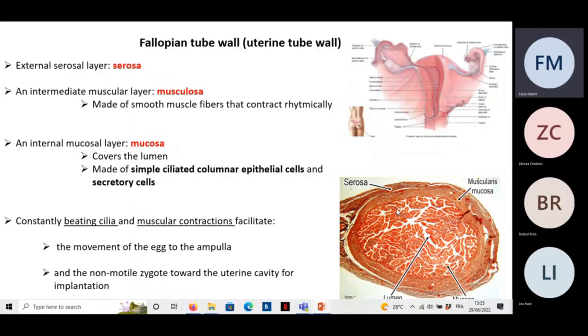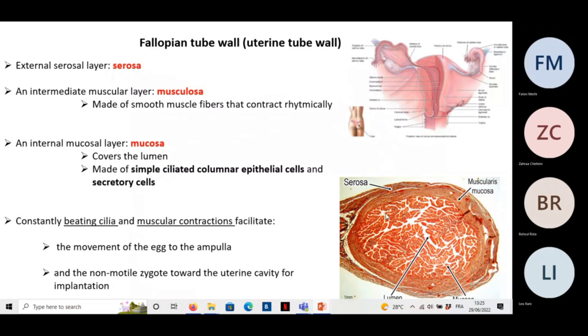And then we have the mucosa, composed of ciliated columnar epithelium.